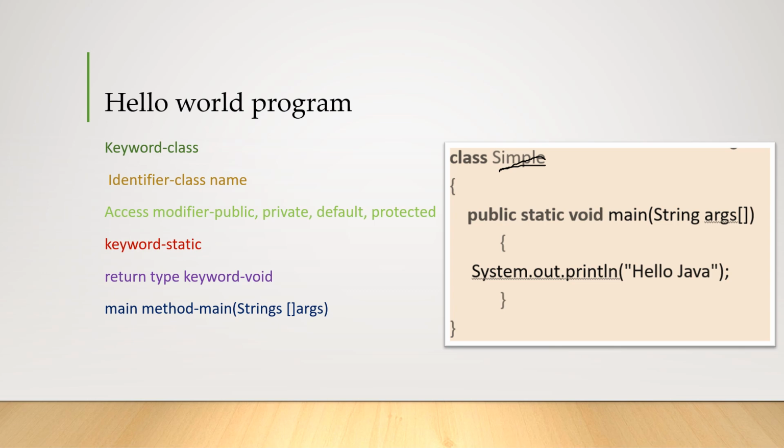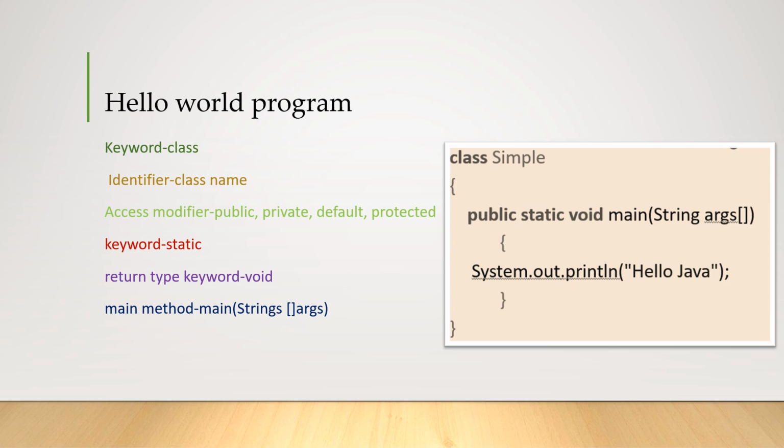For machine-level understanding we are writing code as our input. So here we saw about the class and class name. Class is a keyword and simple is the class name identifier. The class name is an identifier, so we can identify which class or which method it is representing.